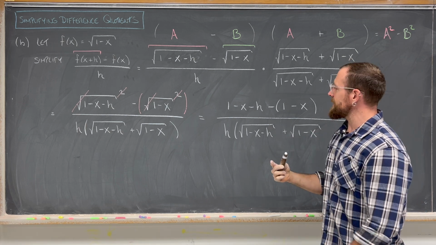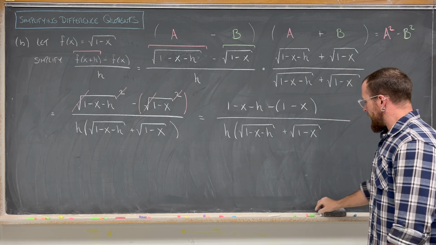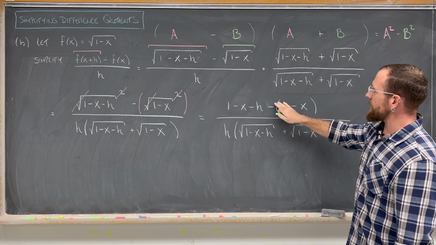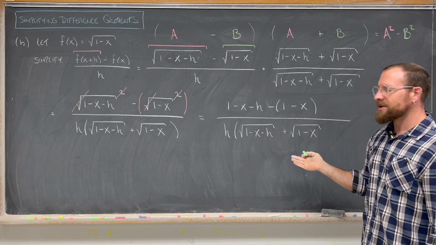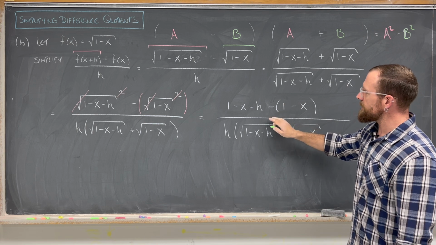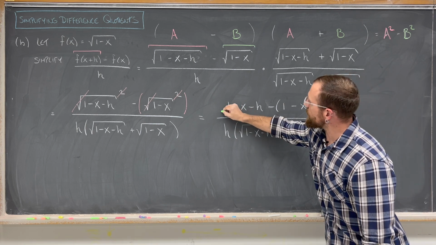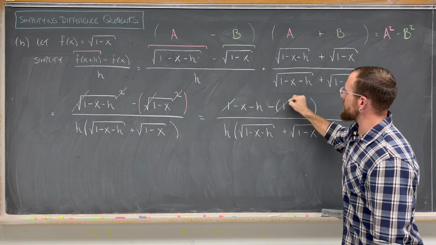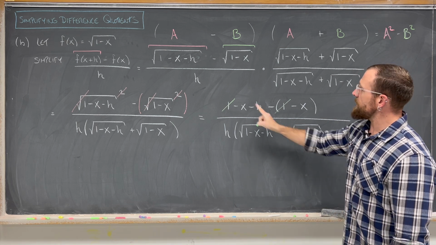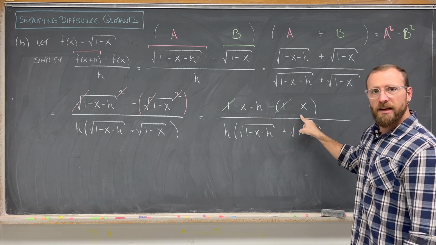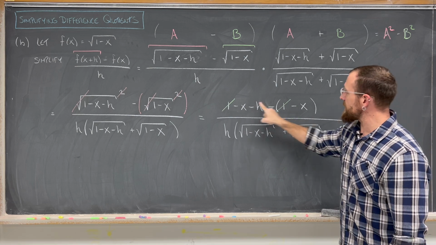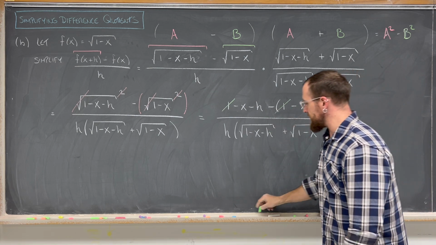Now, there's a lot of cancellations to be made here, okay? I won't take the time to write out what this looks like when I distribute the minus sign, but you see that there is a minus 1 here, and there's a plus 1 there. So we have a 1 minus 1. Those cancel. We also have a negative x minus a negative x. That's negative x plus x. Those combine to be 0 as well.